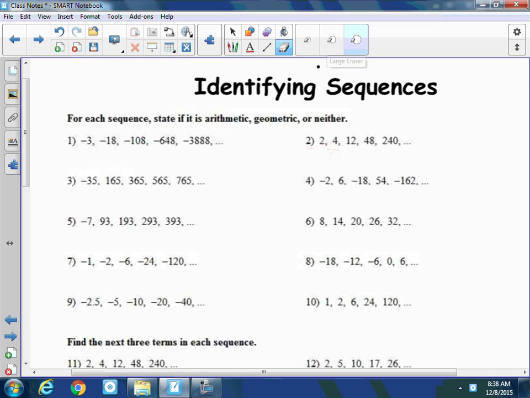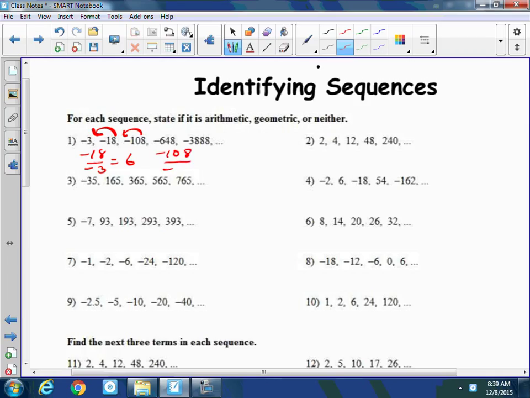You gotta divide. So negative 18 divided by negative 3 would be 6. Then I'm gonna do it with the second one as well. Negative 108 divided by negative 18 is positive 6.